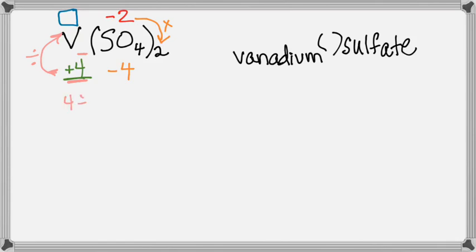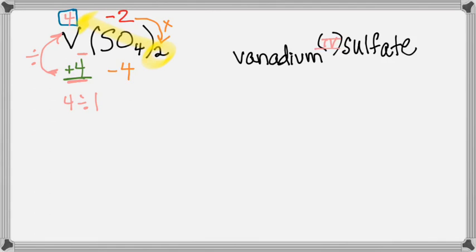So 4 divided by 1 is 4. The Roman numeral is 4. Notice reverse crossover would not have worked in this case because as I look at it right here, the 2 is not what ended up in that box. So reverse crossover would not have worked here.